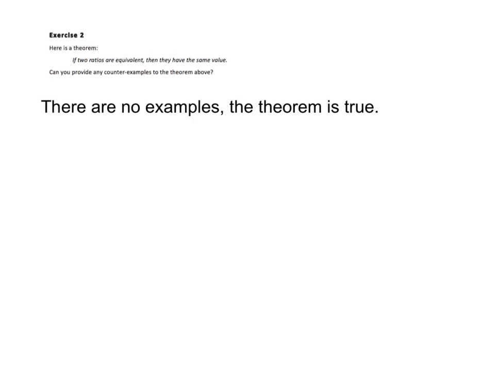You weren't able to find any because the theorem is true. All equivalent ratios will have the same value. That is what makes them equivalent. Since equivalent ratios can be represented by the same fraction, their value is always the same.